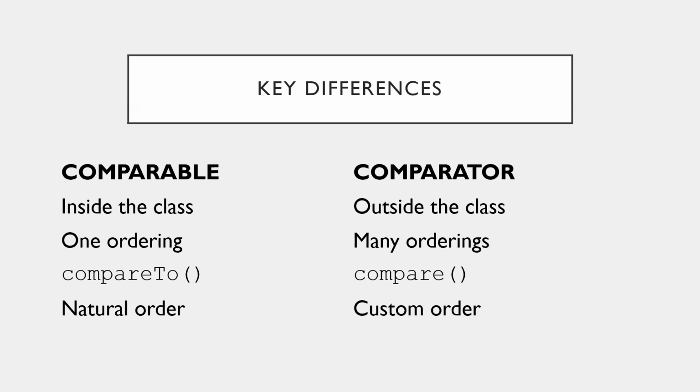Comparator is outside the class, because you can create many classes that implement Comparator and implement multiple ways to sort collections and compare objects. It uses the compare method and it implements a custom order, so you can implement the method with your own custom logic.